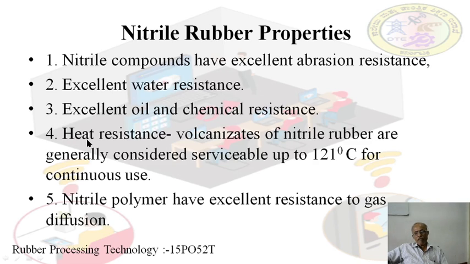Fourth point, heat resistance. Alternatives of nitrile rubber are generally considered serviceable up to 121 degrees centigrade for continuous use. Fifth one, nitrile polymer has excellent resistance to gas diffusion.